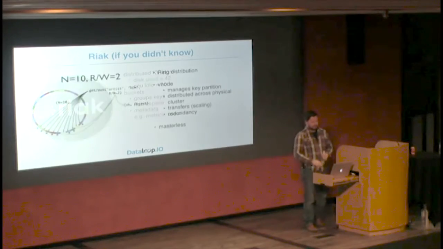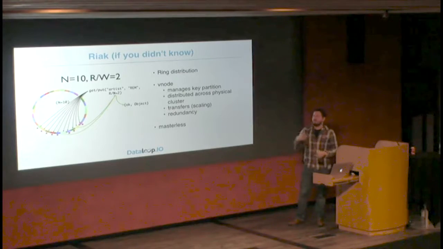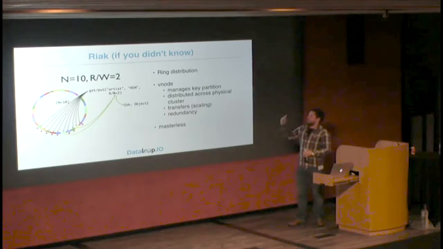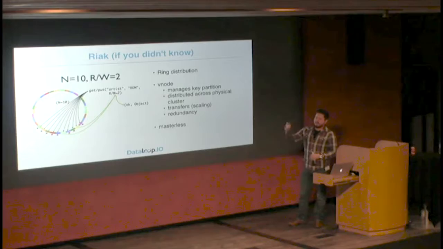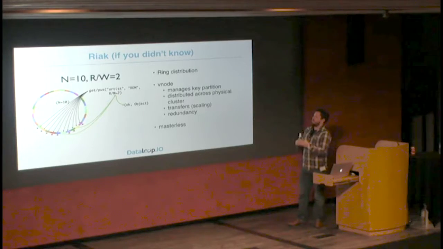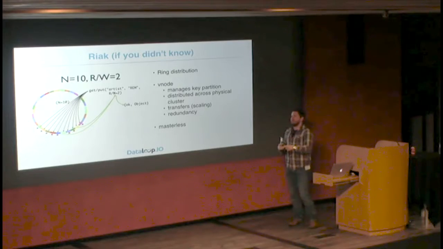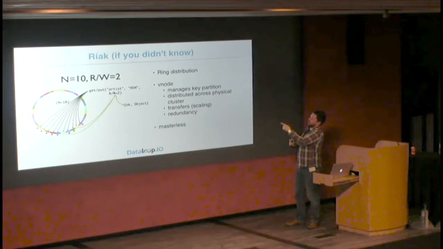This is going to get fairly low level, but I need to explain this so you can understand how it scales the way it does and how it performs well. Riak works on the Dynamo paper principle, consistent hashing. A key comes in, and it knows how many nodes are in your cluster. So it will consistently hash those keys in such a way that it can build up partitions of that data.